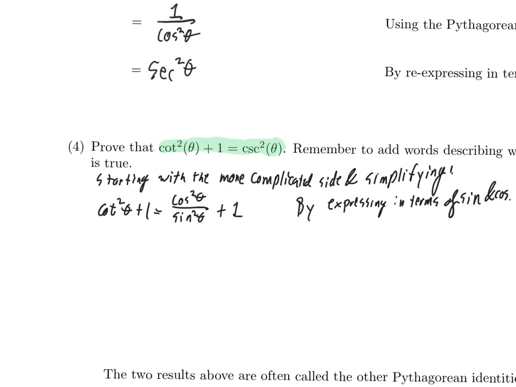That in turn is the same as, well, we get a common denominator: cosine squared theta over sine squared theta plus sine squared theta over sine squared theta.